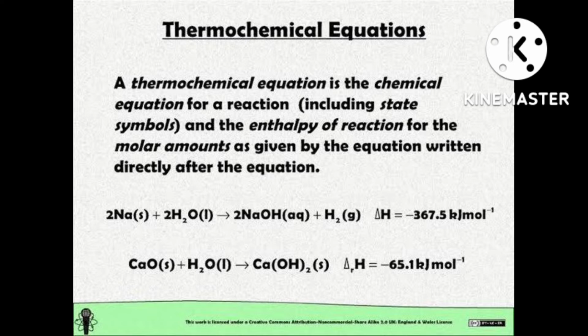Here a hint is given: assuming steam behaves as an ideal gas. Because you are talking about 100 degrees, that means steam, and that steam you can consider as an ideal gas. Then how will you solve? You have to calculate the internal energy.